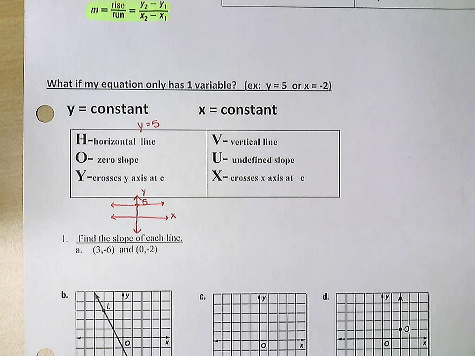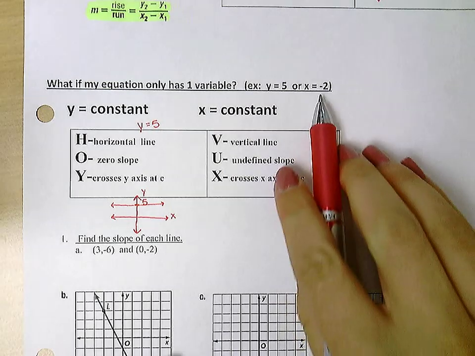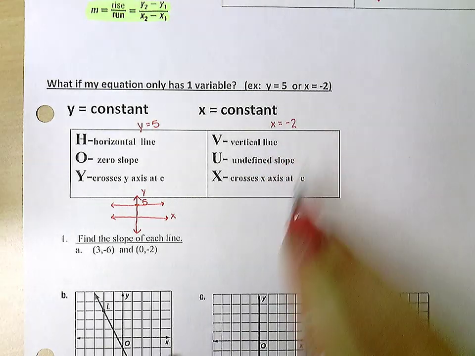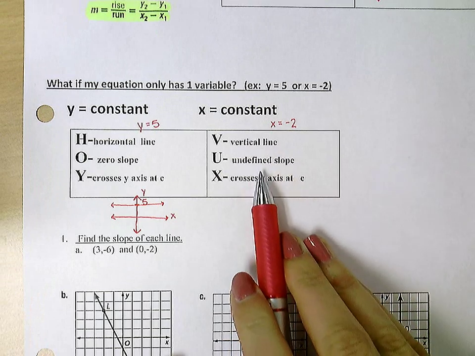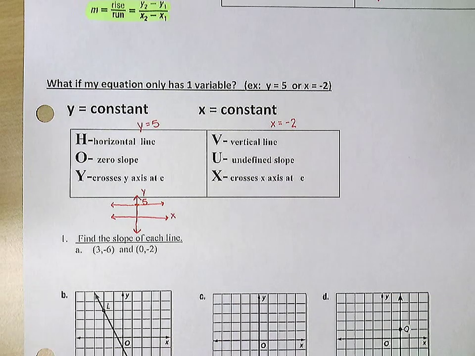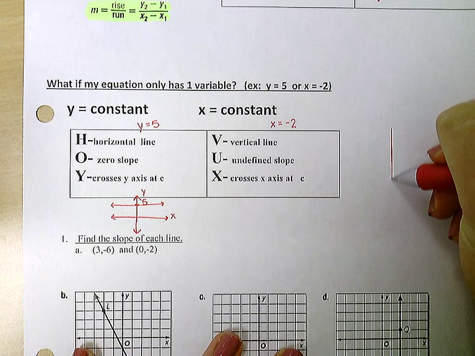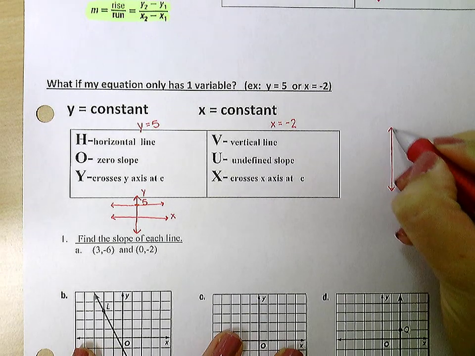Now, if x is equal to a constant, or x is equal to negative 2, it's a vertical line with an undefined slope, and it crosses the x-axis at that constant or negative 2. So again, I'm going to draw in my x and y axis off to the side here. Make this one a little bit bigger.